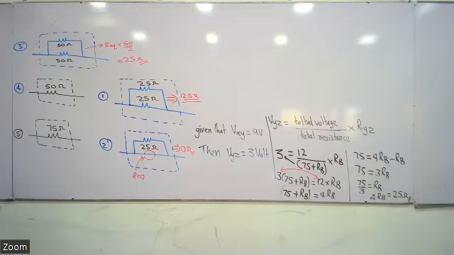Which pair of graphs would correctly represent the variation of I and V with X?